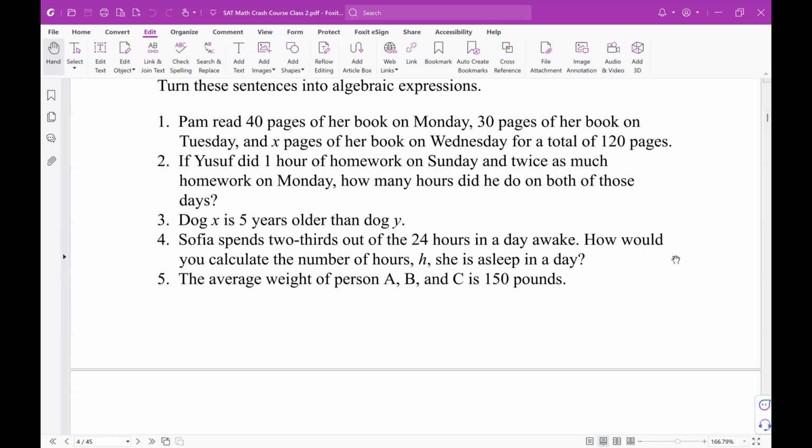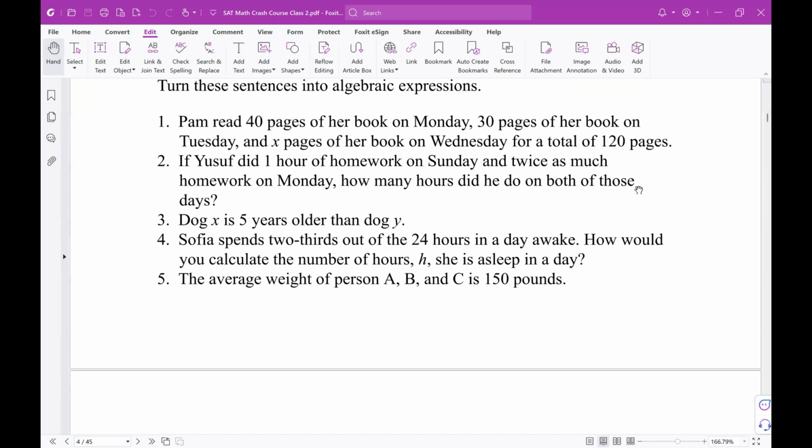Consider the whole time of a day as equal to one. So she is awake two-thirds of a day, and a day, just consider it as one whole, one.